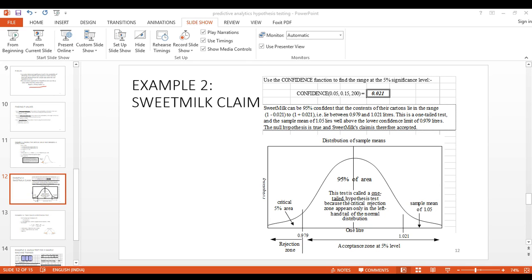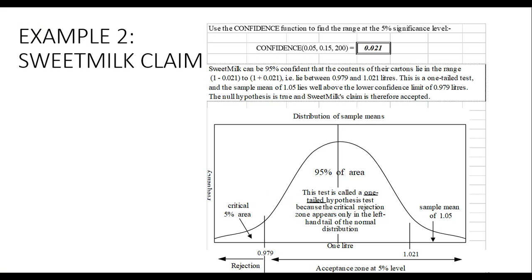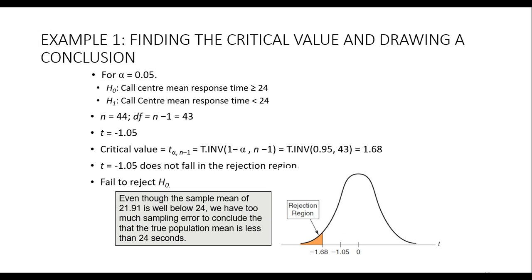Okay. So this gives you an example of how both t distribution values can be easily found using Microsoft Excel. So we go back and give you some more examples.